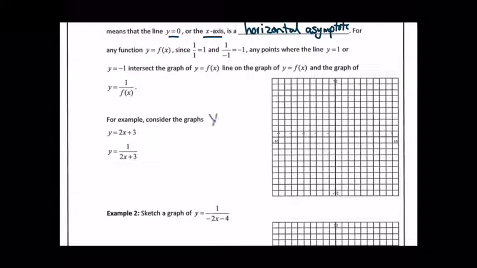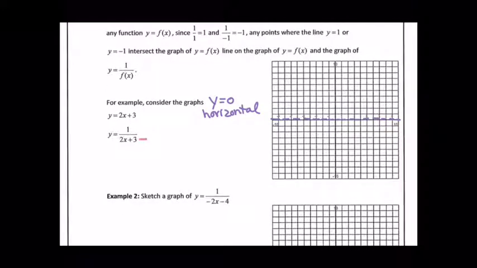So we're not going to be able to have y equals 0, so you can put a dotted line on that asymptote right there. And then that's our horizontal one. To find the vertical one, we go to our denominator, and we're going to set that equal to 0. And to find the vertical asymptote, we solve for x.